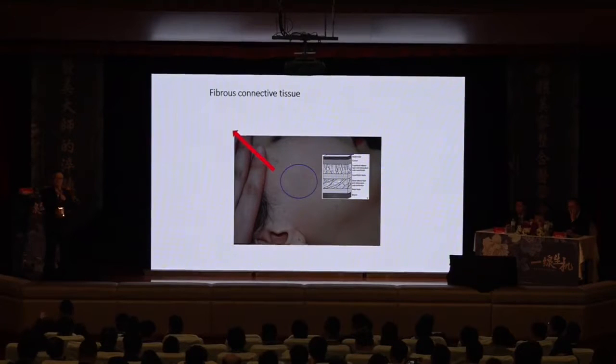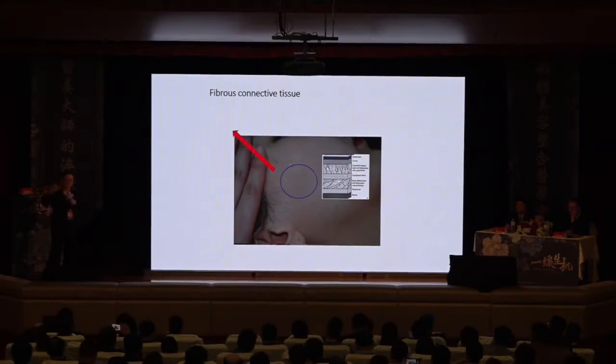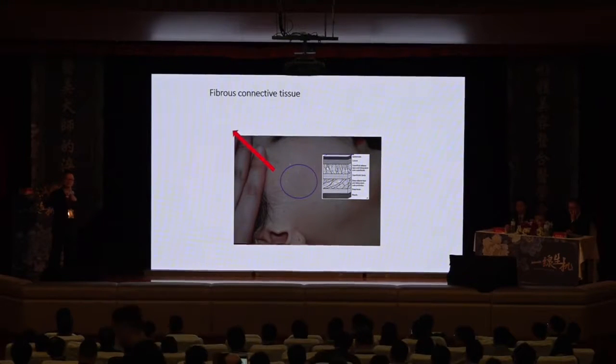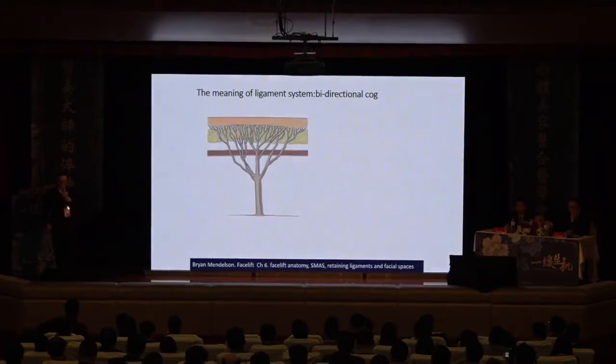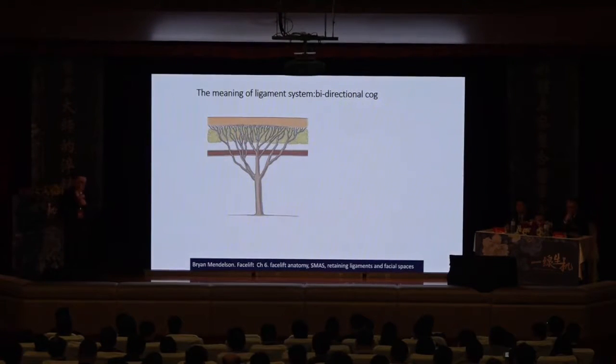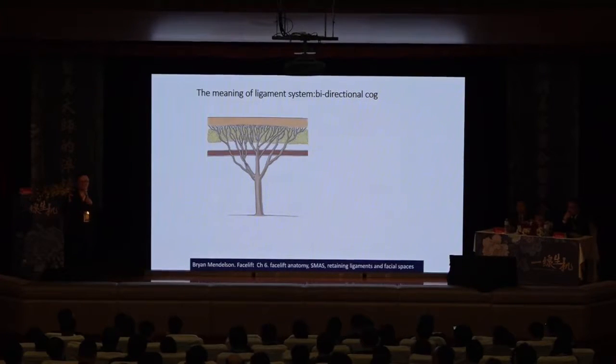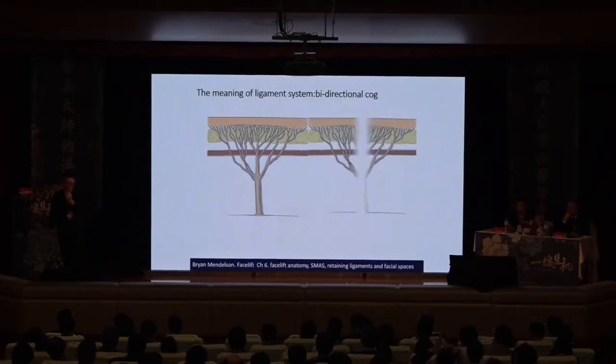For example, in this area, not exactly, but in the deep, movable area, the ligament direction is like this, I think. This is Brian Mendelsohn's famous picture. Nowadays, Korean doctors think the most important thing is the movement of the ligament system, and the reinforcement of the fibrous connective tissue is a very important concept.